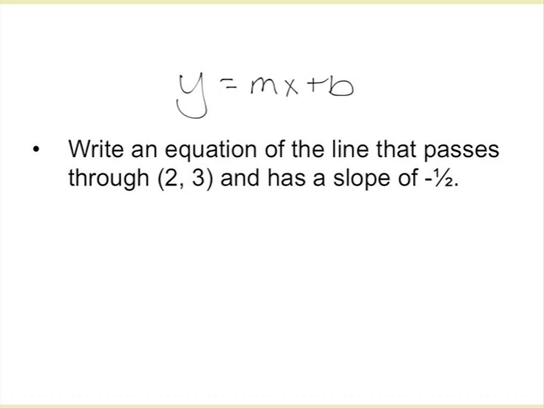So our information here, we're given a slope of -1/2. That's an m value. We are not told what our intercept is, so we don't know our b value, but we are given a point. And a point always represents an x and a y. So if we plug in what we know, y is 3, we know m is -1/2, we know x is 2, and we don't know what b is, but that's the only thing left, so we can solve for it and find it.